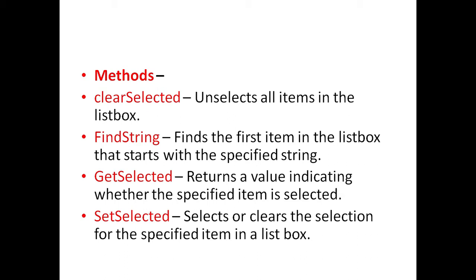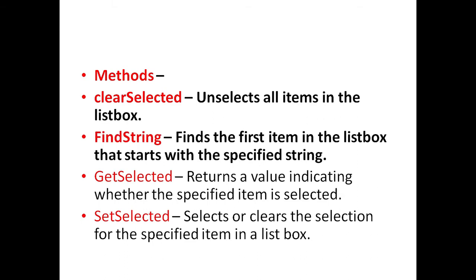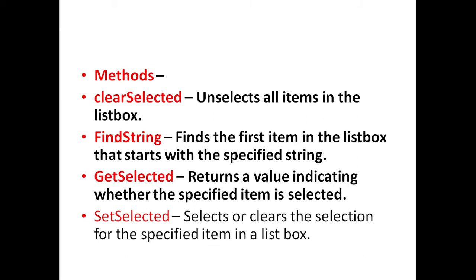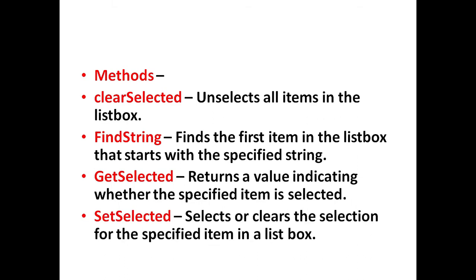The different methods for list box are: first is ClearSelected, which unselects all items in the list box. FindString is used to find the first item in the list box that starts with the specified string. GetSelected returns a value indicating whether the specified item is selected.